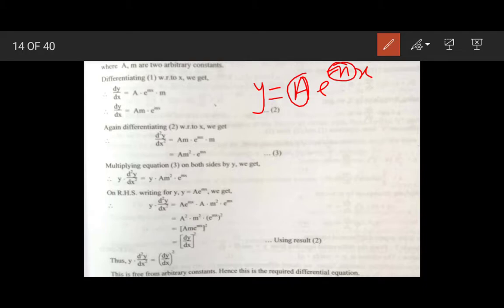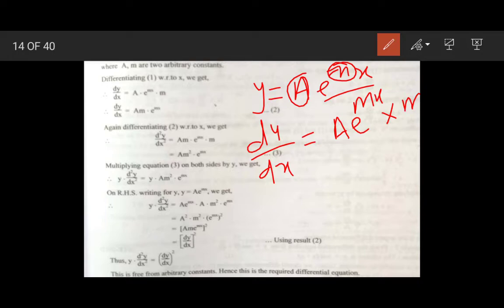So we have to differentiate this equation twice. First let's differentiate this. So we will get dy upon dx is equal to a as it is, then derivative of e raised to mx is e raised to mx into m. Okay, so this is a m e raised to mx.